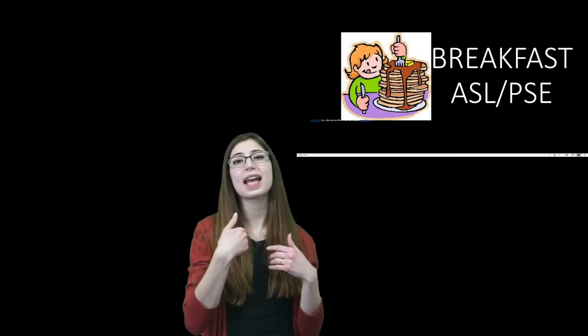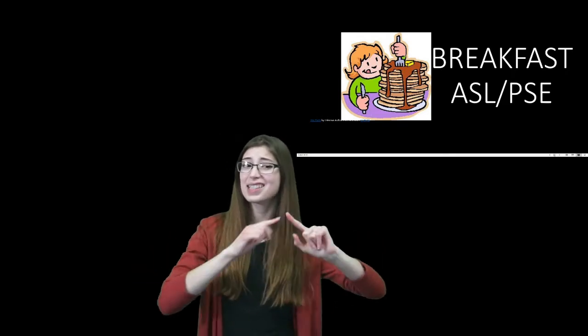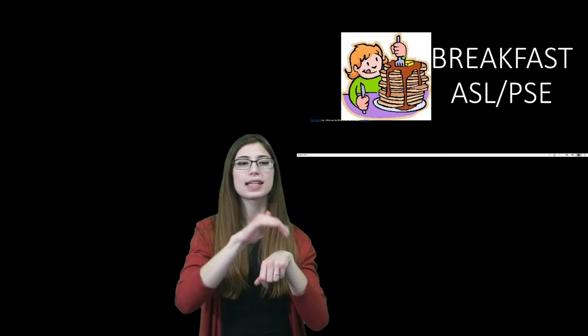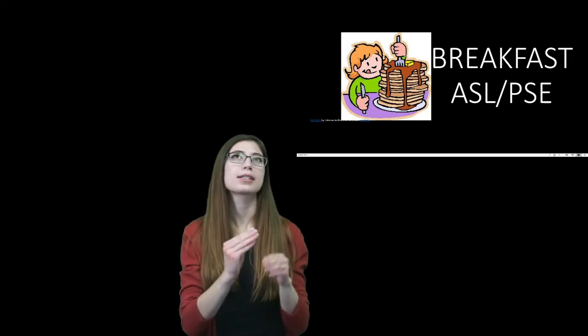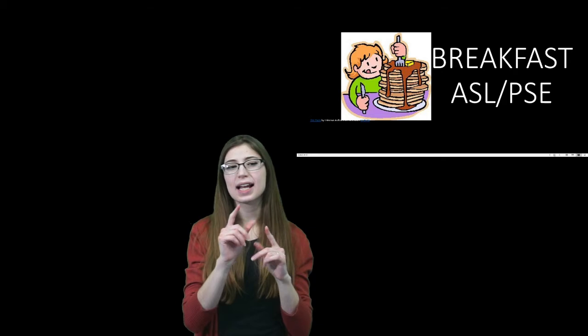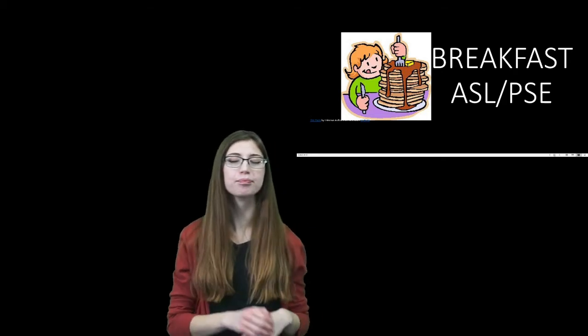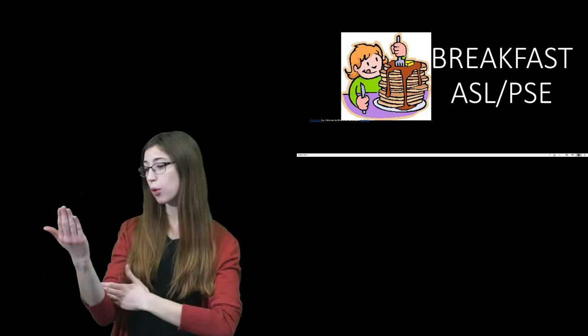PSE is a mixture of ASL signs and English signs, and it uses an English word order and typically uses more initialized signs, which means using a letter handshake. So breakfast in ASL is morning, eat.